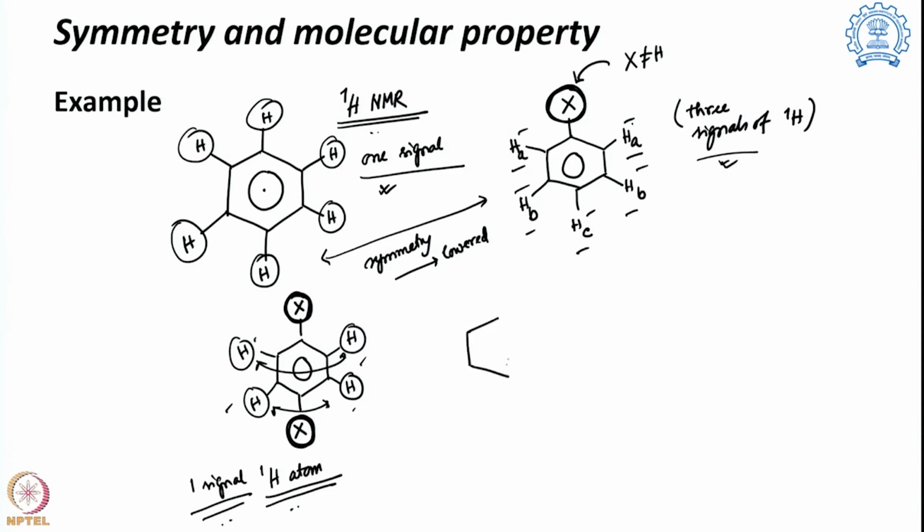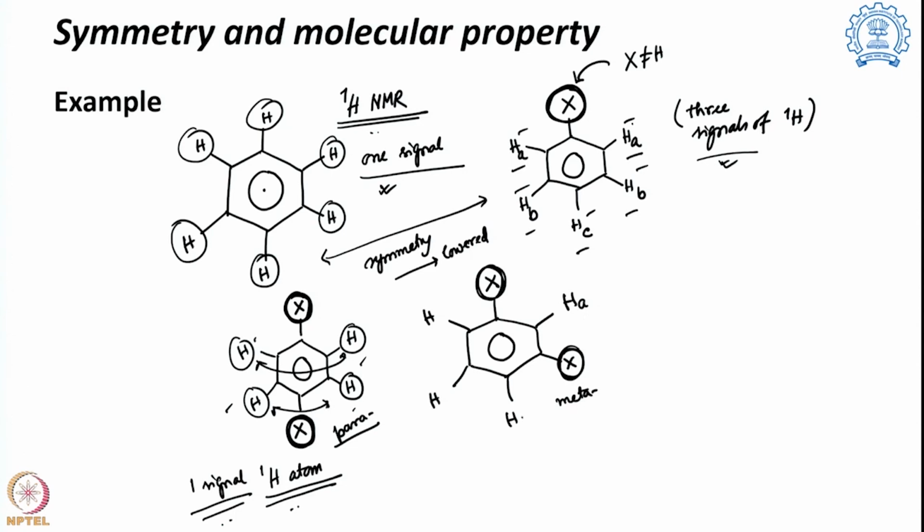Now say I am taking these 2 X's, but putting them not in the para position like this, how about I put them in the meta position. So, over there how many hydrogen signals are we going to get? Obviously the first one would be this one, which is ortho to both the X groups.